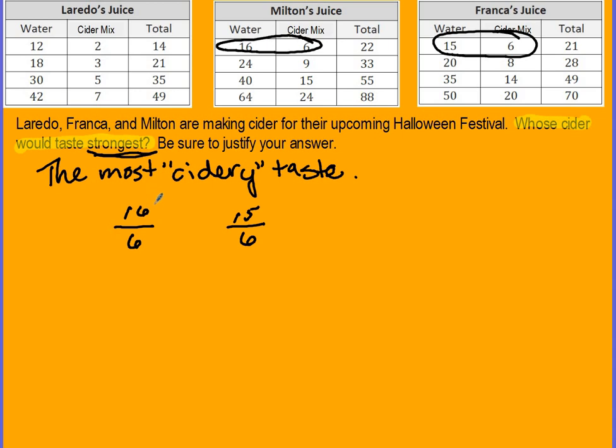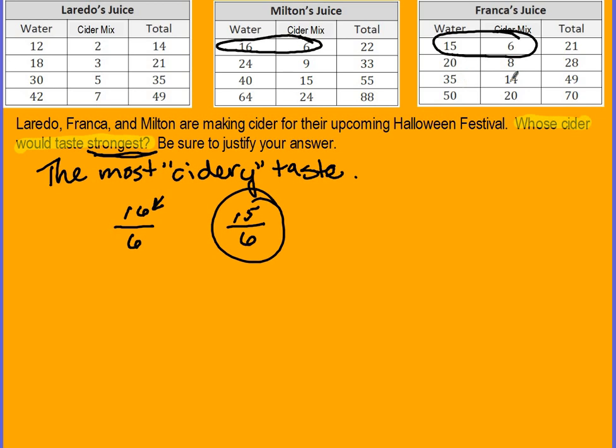This means that his is going to taste more watery, which would then tell us that Franca's is going to be stronger. It's going to have more of that cider taste because with the same amount of cider, it has less water. All right, so now we know that Franca's is stronger than Milton's.